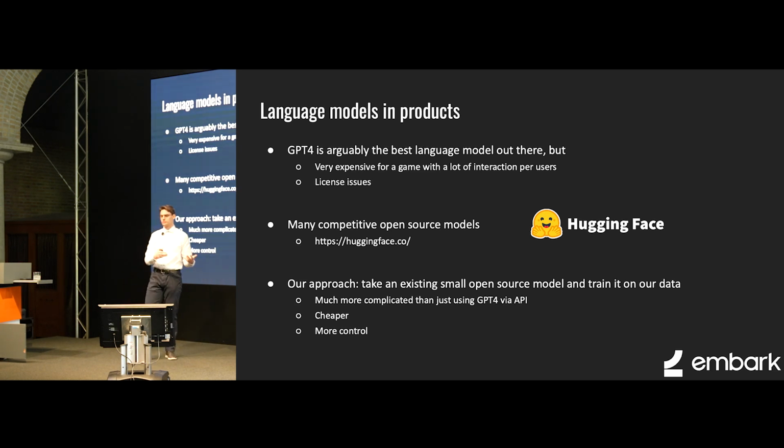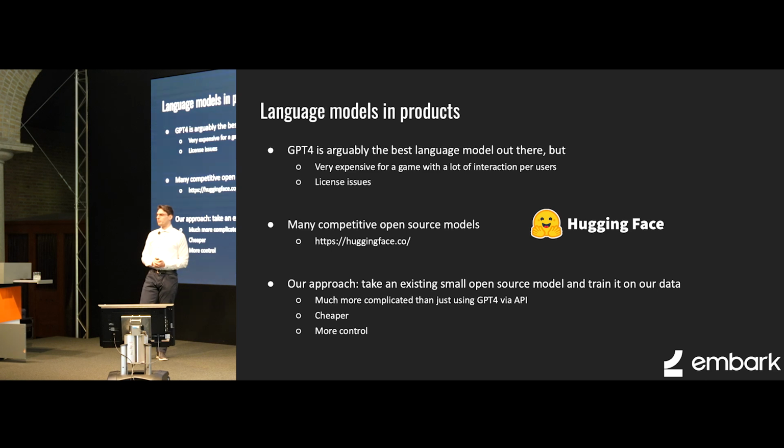That's a lot of money for just a feature of talking with our creature, for example. So using these models can be very expensive. And also, if you use a third-party vendor, for example OpenAI, which created GPT-4, they can say tomorrow, we change our license and you can no longer use our model in your game.